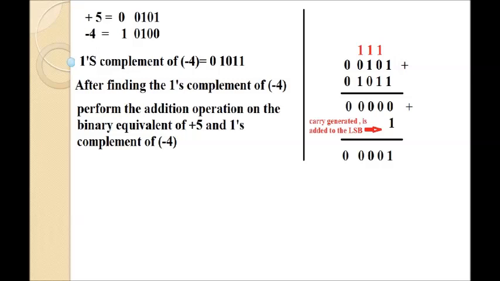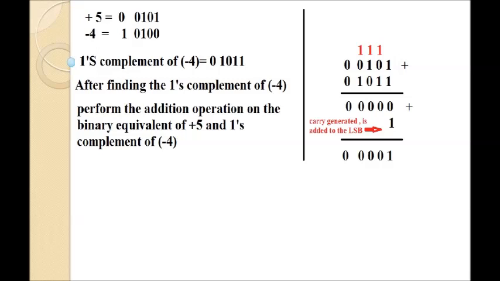What we do is find the ones complement of the negative number, here -4. The ones complement of -4 you can see on the screen, right? After finding it, we need to add it to the positive 5, which is what you can see on the screen.